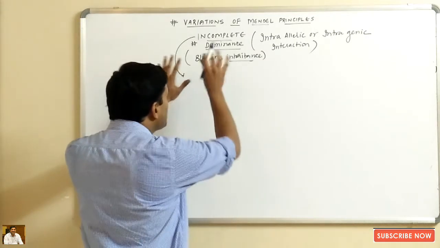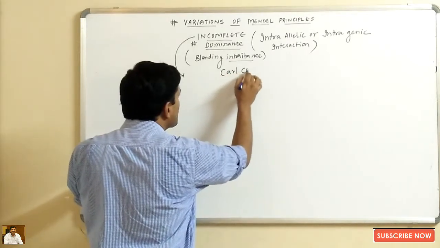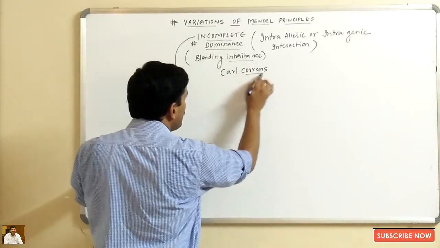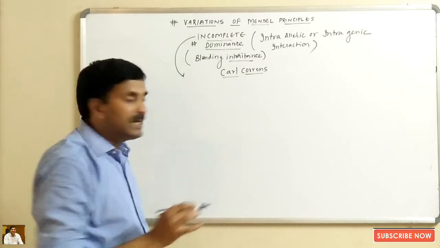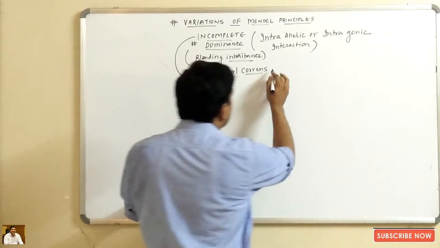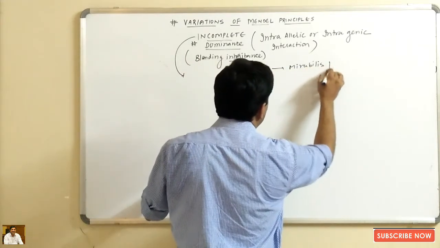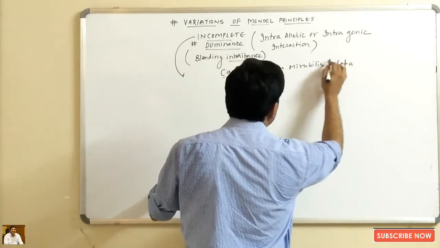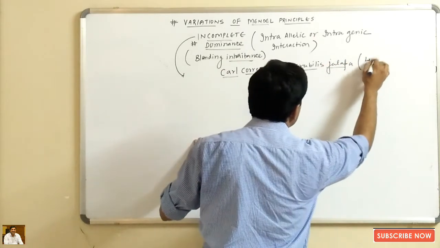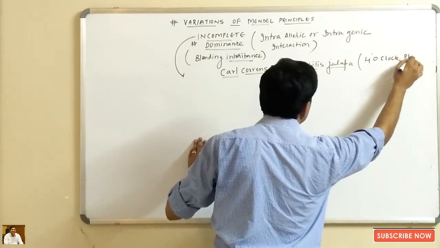For this you must know that there was a scientist whose name was Carl Correns, who explained the phenomenon of incomplete dominance in a plant known as Mirabilis jalapa. This Mirabilis jalapa plant is also called the 4 o'clock plant.